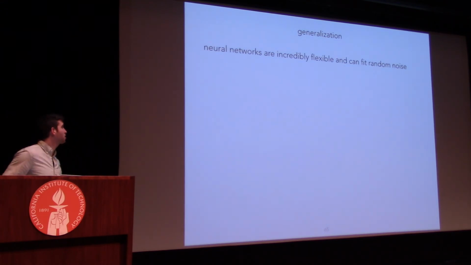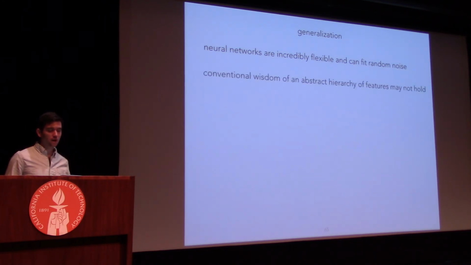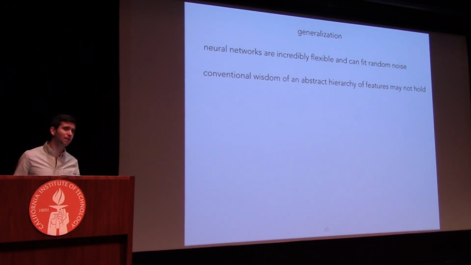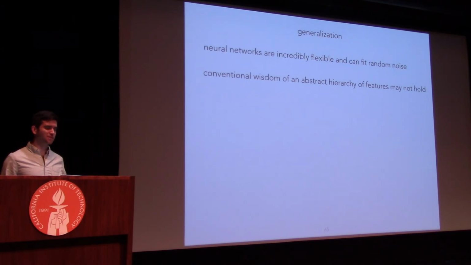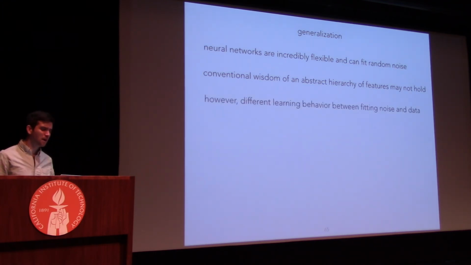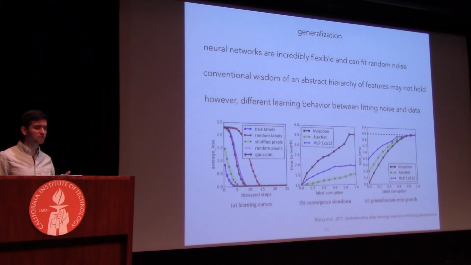Generalization is also an interesting topic. As I said, you can fit random noise with these networks. And this goes against a lot of the conventional wisdom that what these networks are learning is an abstract hierarchy of features, but it turns out that doesn't seem to be totally the case. But there is different behavior between fitting noise and data.